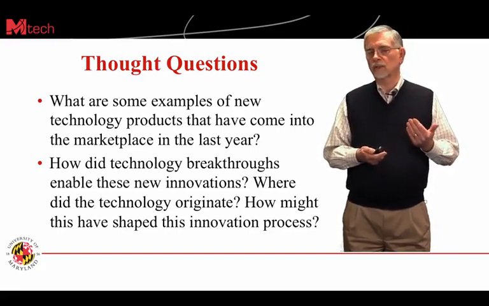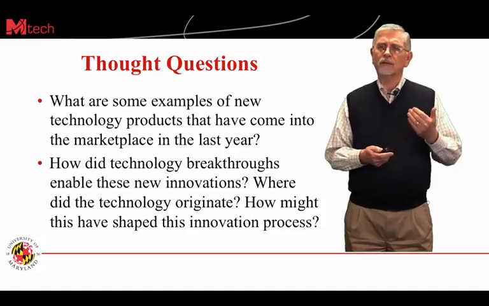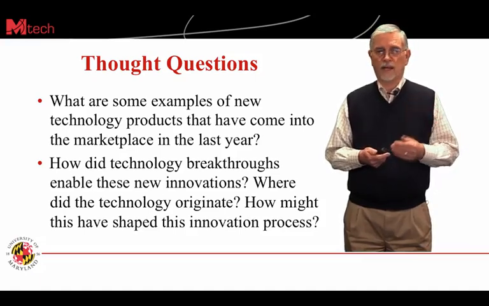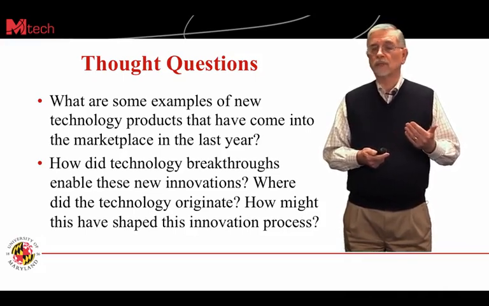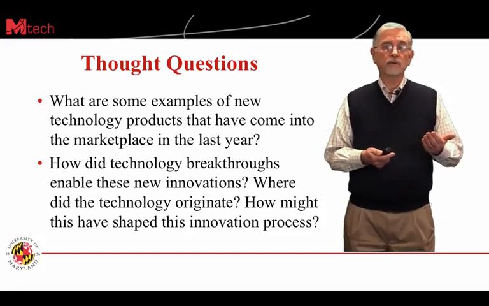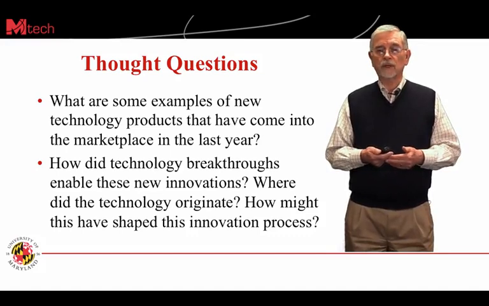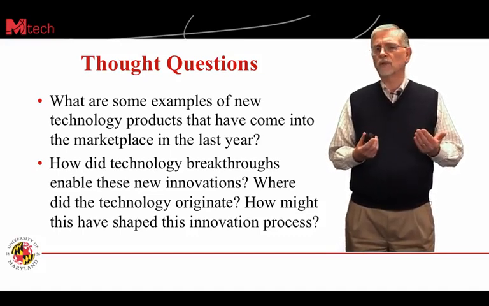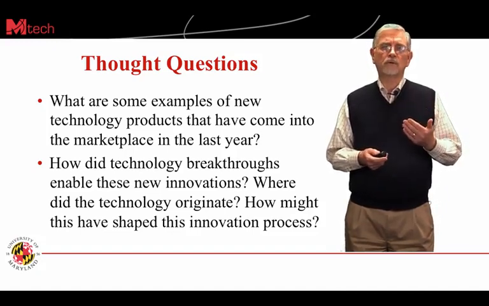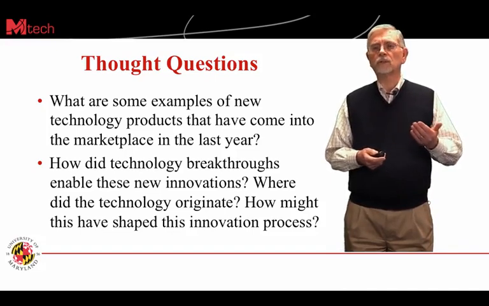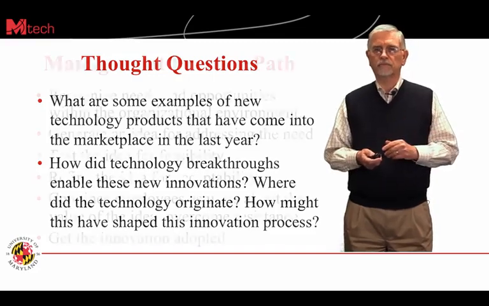So ask yourself, how did technology breakthroughs enable a new innovation? Did it actually cause something dramatic to happen? And where did the technology originate? Did it originate by somebody discovering it? Did it originate through a research and development activity inside of an organization? And how might this have shaped the innovation process? If you think about these things, you'll begin to get a feel for the way in which technology works its way through the innovation process.